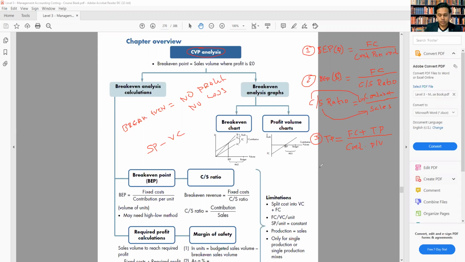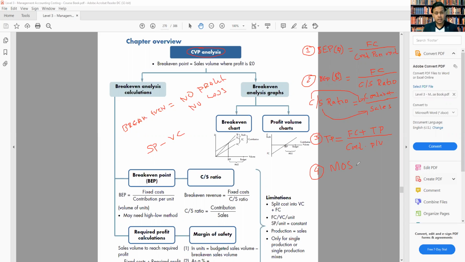The next formula I'm going to write is margin of safety, or we can say MOS. Margin of safety basically is your safety zone. For example, when you drive a car, we have some reserve.